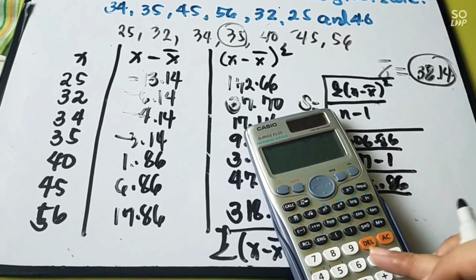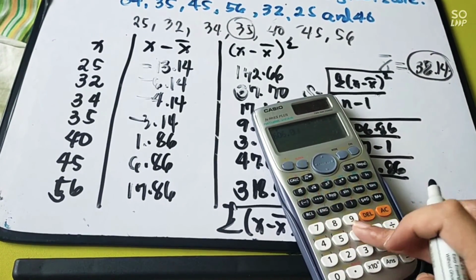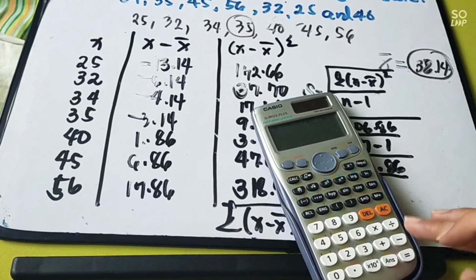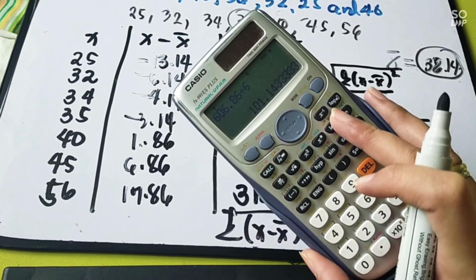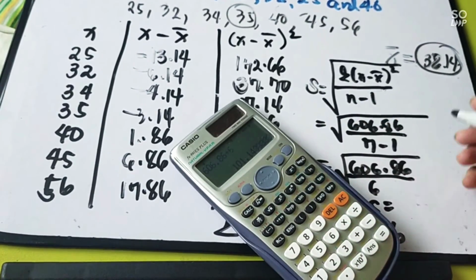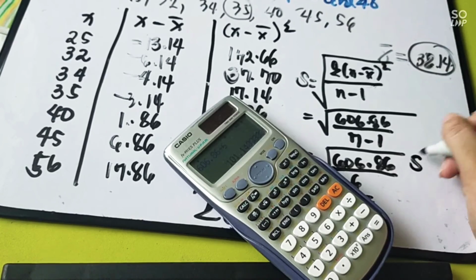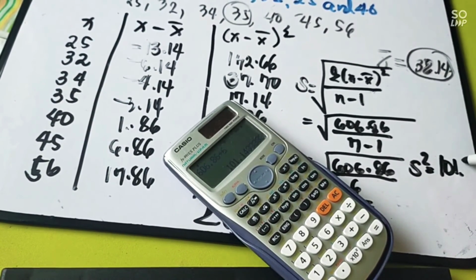Let us compute. So, we have 606.86 divided by 6. So, itong lumabas na itong divided by 6 mo, yan na yung inyong variance eh. So, 101.14. So, kung hinahanap mo si variance, si s squared, ang sagot na doon is 101.14.